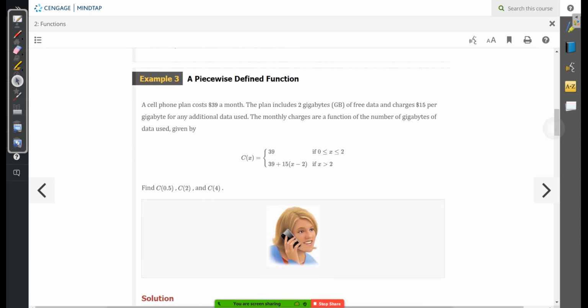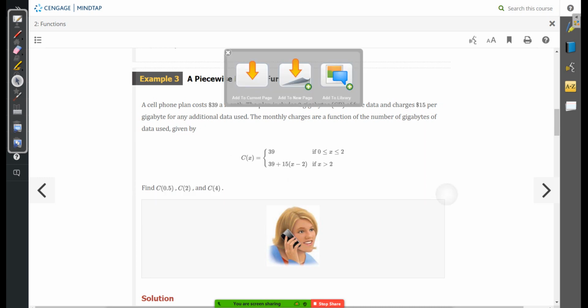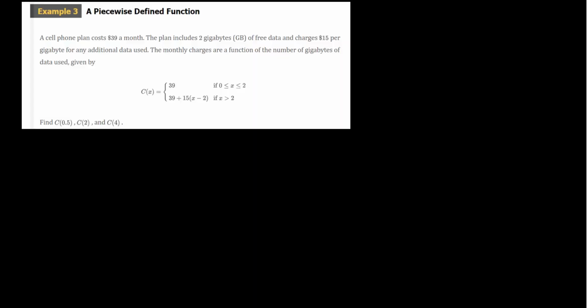Piecewise defined function. So this is a good one to talk about. I do a lot of talking and teaching, believe it or not, right? And if I repeat a story, I'm sorry, but this is important to me because when I was in undergrad, I was a horrible student.